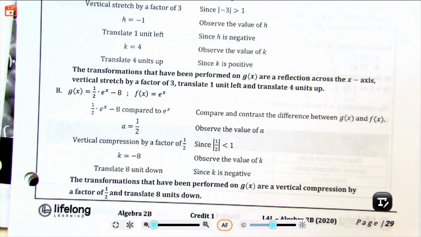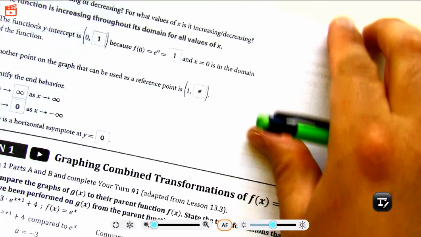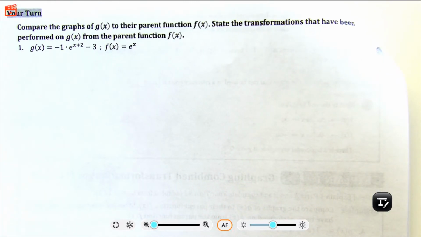Next, I want you to try a problem on page 30. Again, you are comparing the parent function and the transformation function.